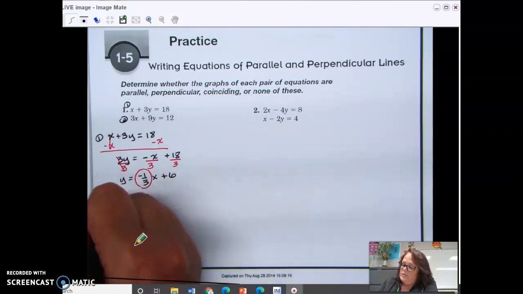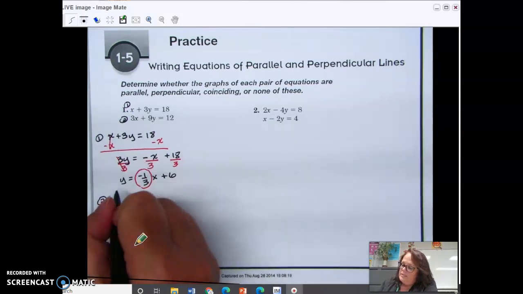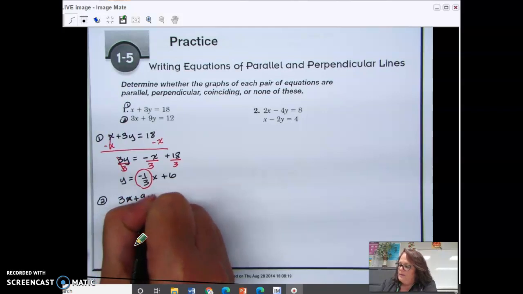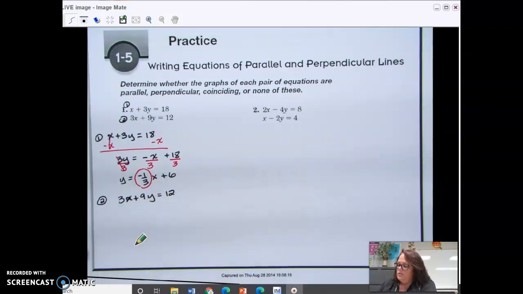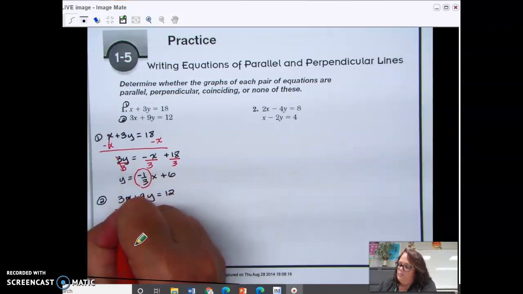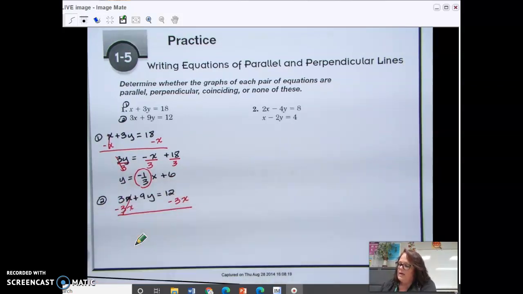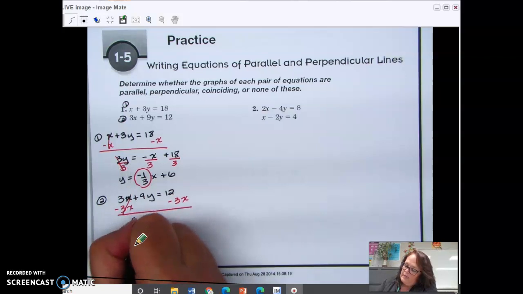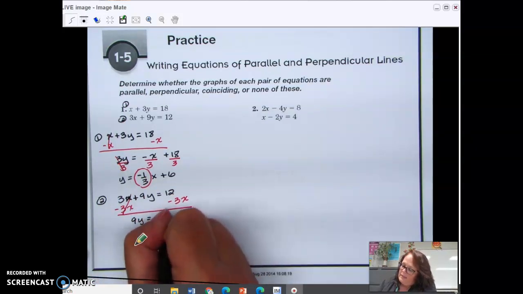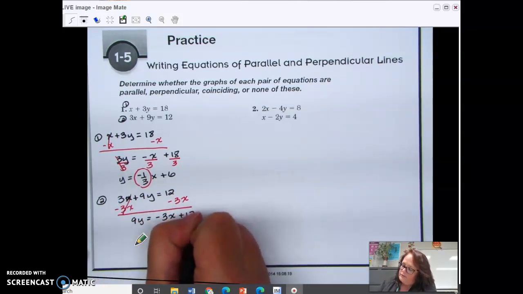So then using equation number 2, if I solve that for y, I've got 3x plus 9y is equal to 12. So solving that for y, I'm going to move the 3x over by subtracting it from both sides. So we get 9y is equal to -3x plus 12.